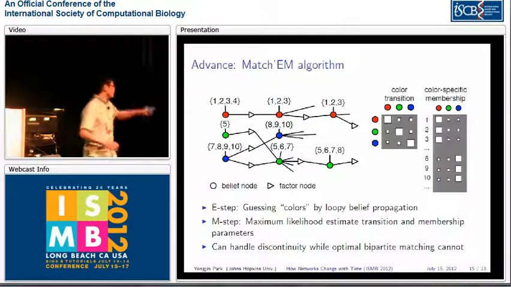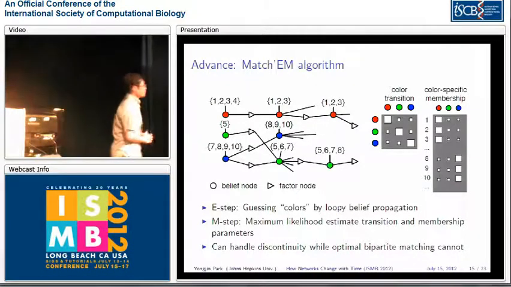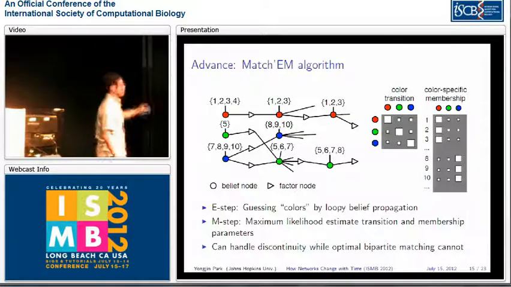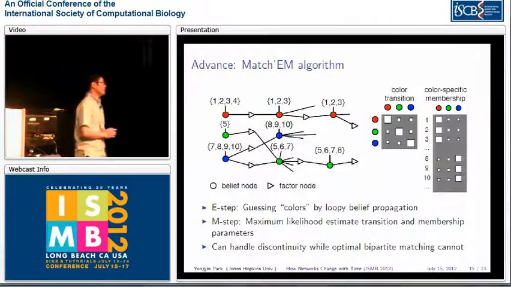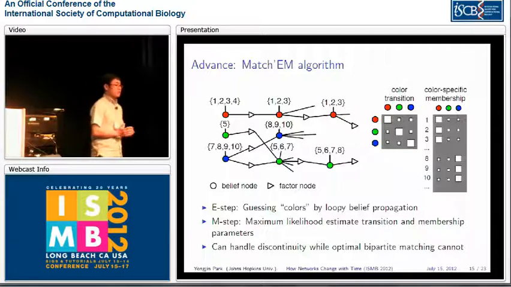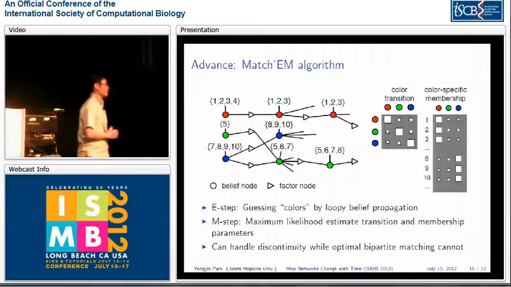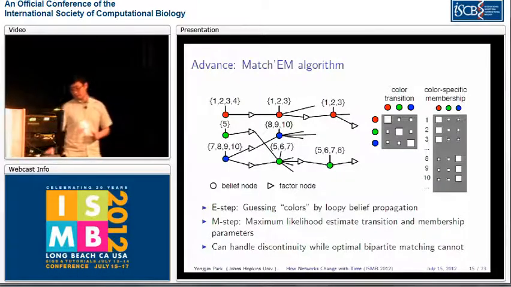This graph shows a vector graph representation of our matching problem. With this matching algorithm, we can handle discontinuity of the clusters, but if you use bipartite matching, you won't be able to catch those things.